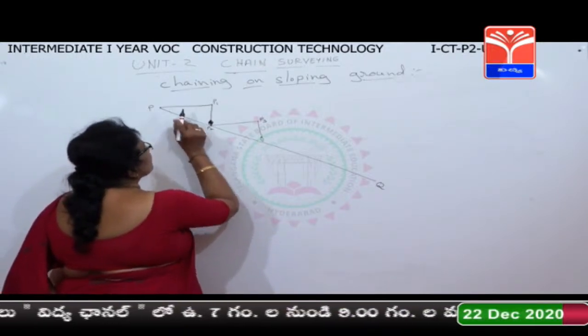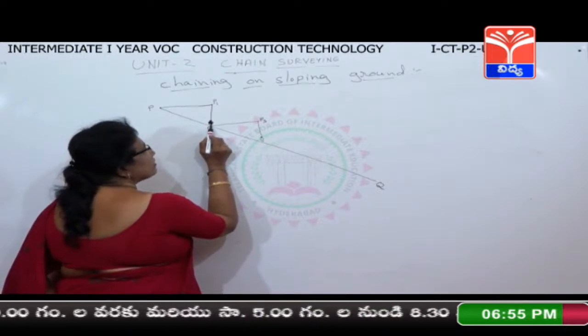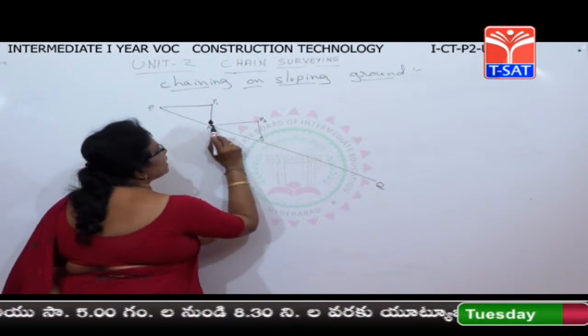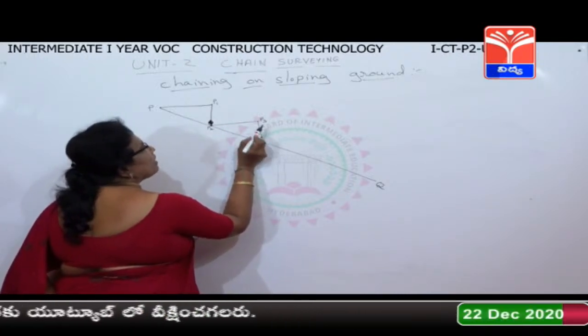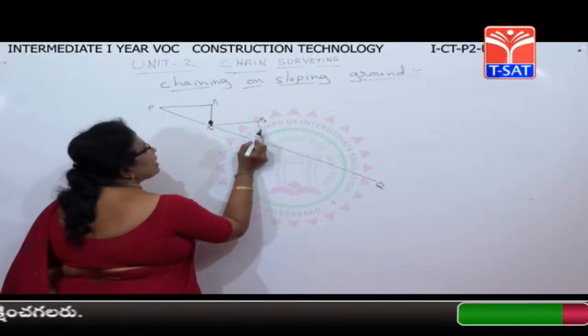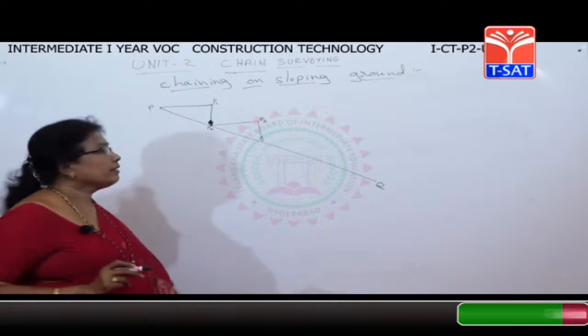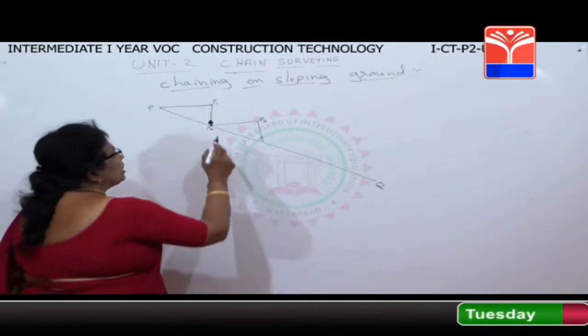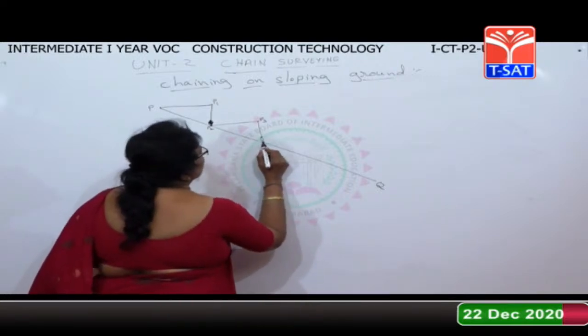Then the person standing here, the chain is brought here. He will keep the starting point of the chain here and measure the distances. He will stretch the chain in a straight line to this plumb bob and the measurement is recorded, that is P to P3.